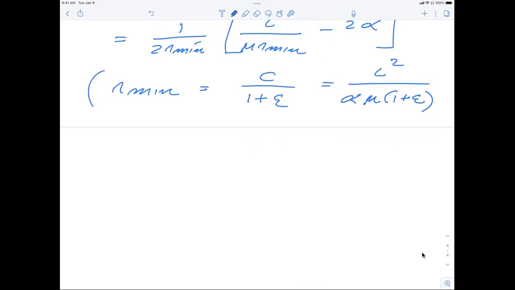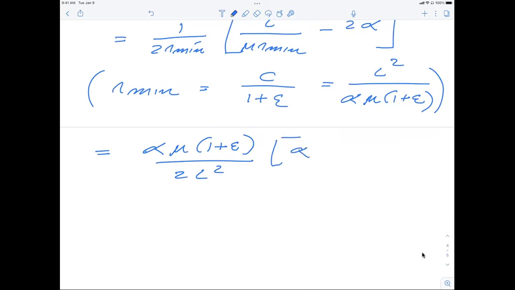We just put this in parentheses, because this is just an intermediate step. We get alpha of mu of 1 plus epsilon divided by 2L squared. So I'm simply plugging in the value for R min. And this is multiplied by alpha of 1 plus epsilon minus 2 of alpha.